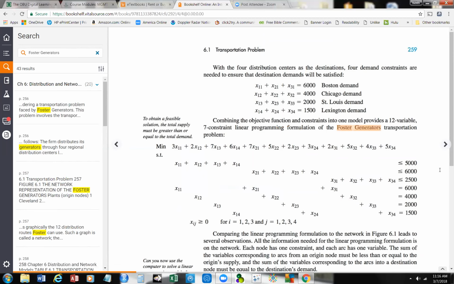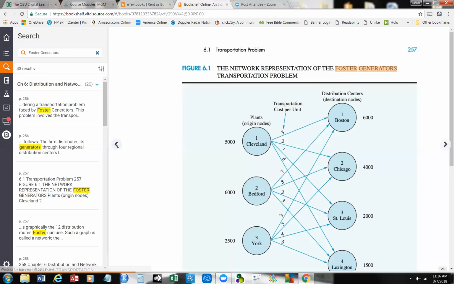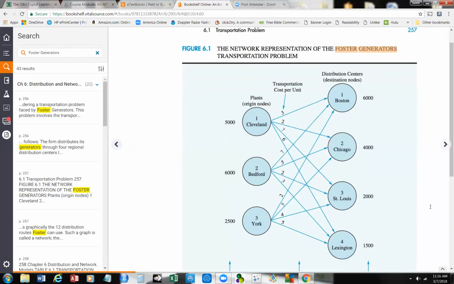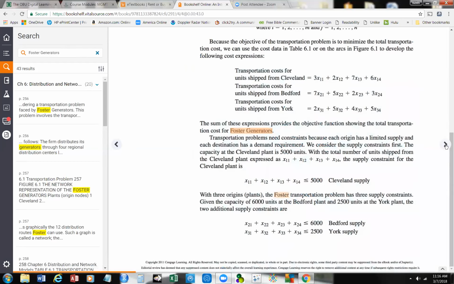This is what we would call a two-tiered level. Let me back up for just a moment. Two-tiered meaning actually this is a three-tiered model. No, it's two, excuse me. We've got the plants and the distribution centers, I'm sorry. But if you had assembly operations in between the two of these, then it's a trinodal. This is a binodal environment.